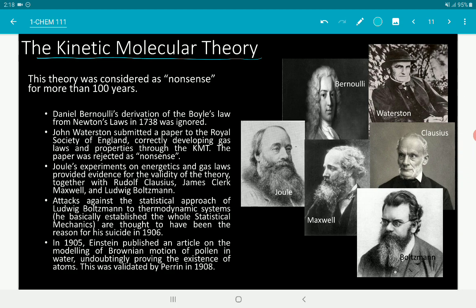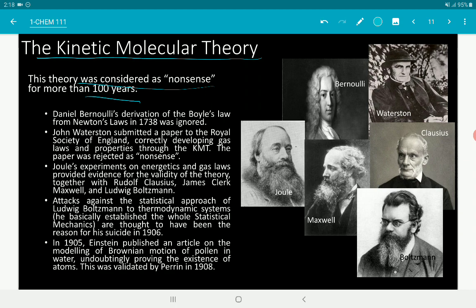Okay, and they have a constant average speed, and their average kinetic energy can be described as something that is related to its temperature. So yun yung kinetic molecular theory. It has been considered as nonsense for 100 years, 100 and more years actually. So this is a collaborative work, okay, across this 100-year timeline.